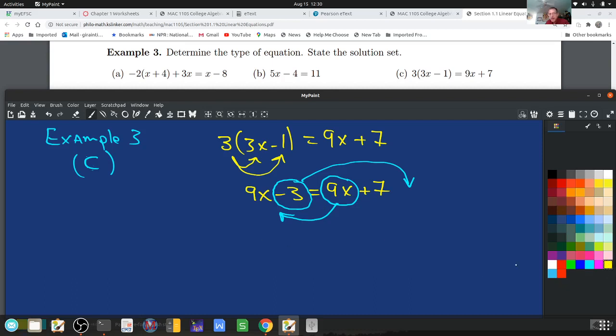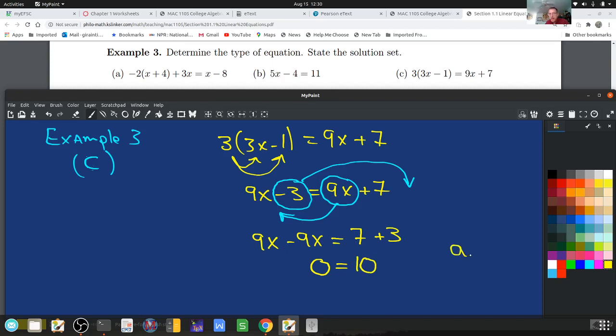When I move the 9x over, it has to change sign. And when I move my 3 over, it has to change sign. It becomes positive. So 9x minus 9x is always 0. If I give you 9 times something and then I take away 9 times something, you have 0 of that something. And 7 plus 3 is 10.